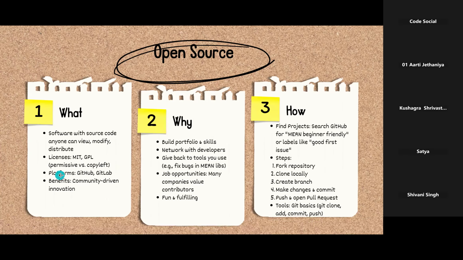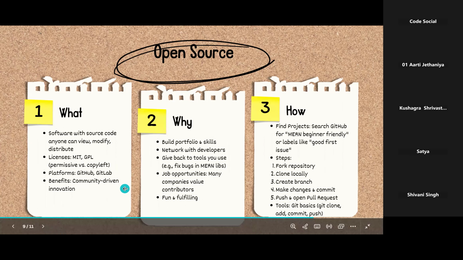WordPress, and platforms like GitHub and GitLab you can use to check the repositories for open source. And there are lots of other programs, even the one which I'm currently giving this session for, the winter code initiative. I don't remember the full form of the program, but it's also open source.